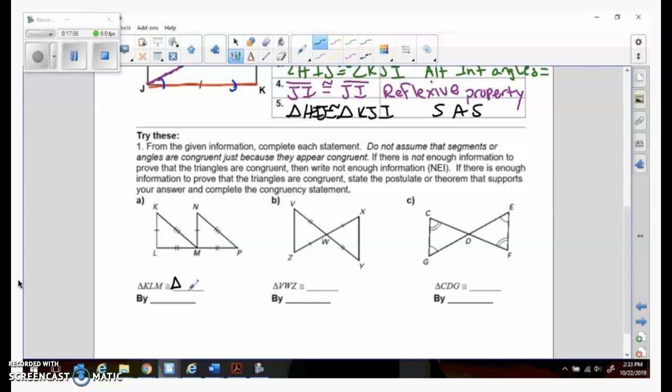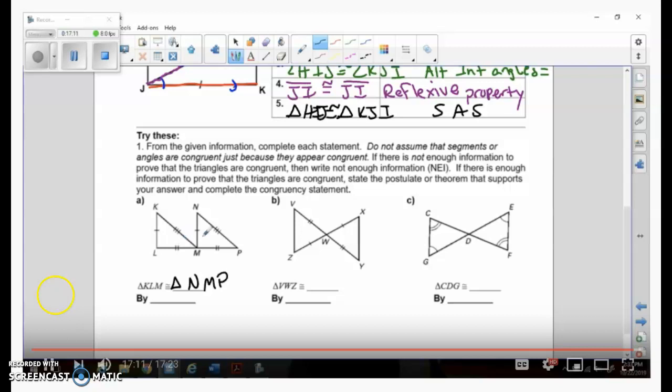So that would be N. And then L is between the 1 hash mark and the 2. So M would go there. And then P would correspond with M in that first triangle because that's between 2 and 3.